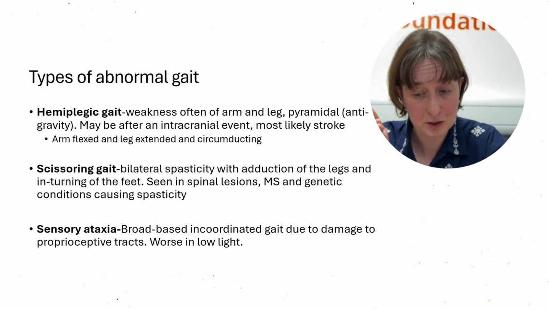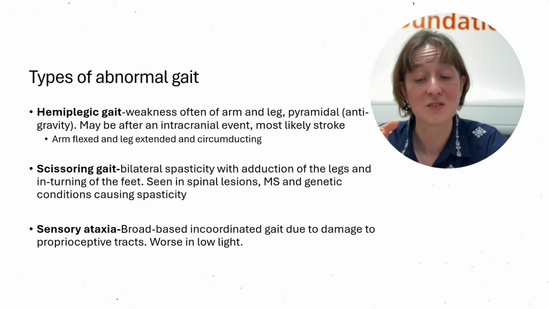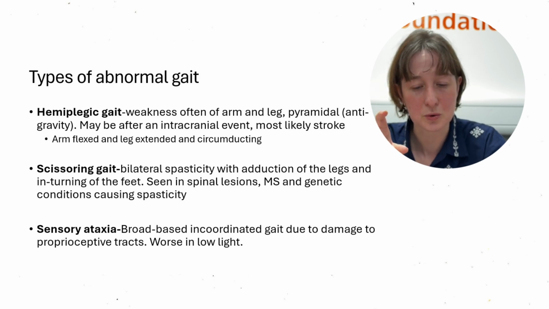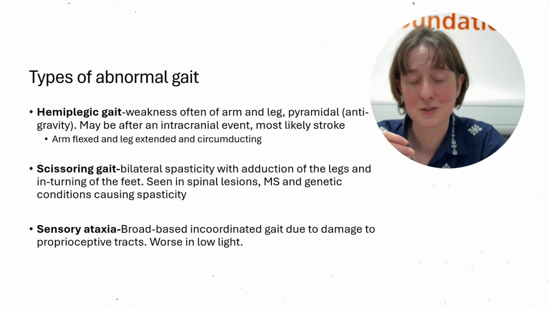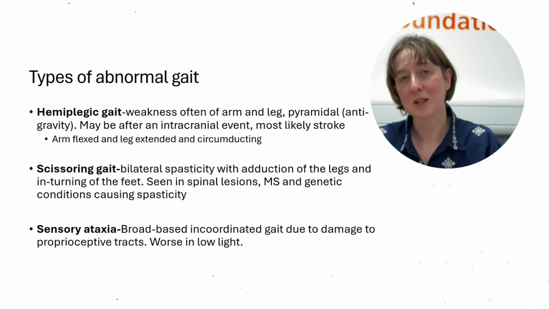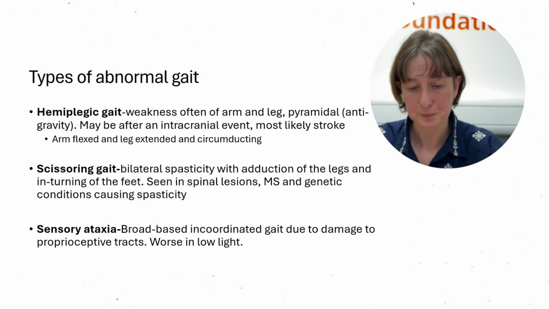We see that in spinal lesions, but characteristically we think of scissoring gait in severe multiple sclerosis. There are also genetic conditions that cause leg spasticity, which we call spastic paraparesis, literally spastic both legs. When you examine these patients, you'd expect increased tone, increased reflexes, and upgoing toes.